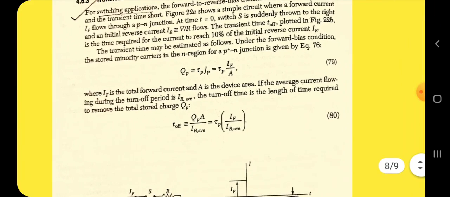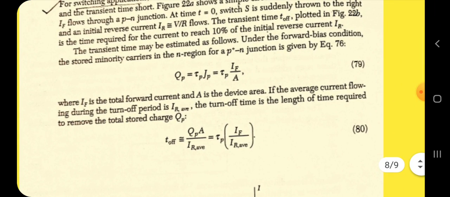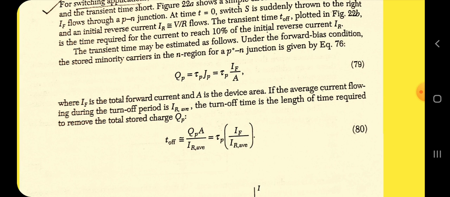The transient time may be estimated as follows. Under the forward bias condition, the stored minority carriers in the N region of a P plus N junction are given by the equation QP equal to tau P JP equal to tau P IF by A, where IF is the total forward current and A is the device area.